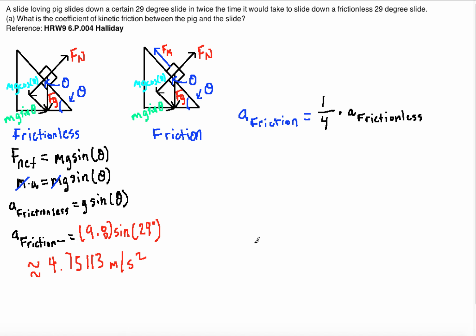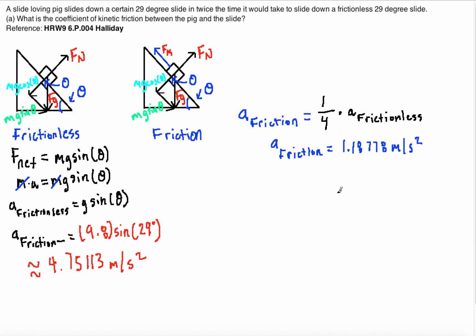So by solving this, because we have this frictionless acceleration, we get that the acceleration of the friction system is equal to about 1.18778 meters per second squared.